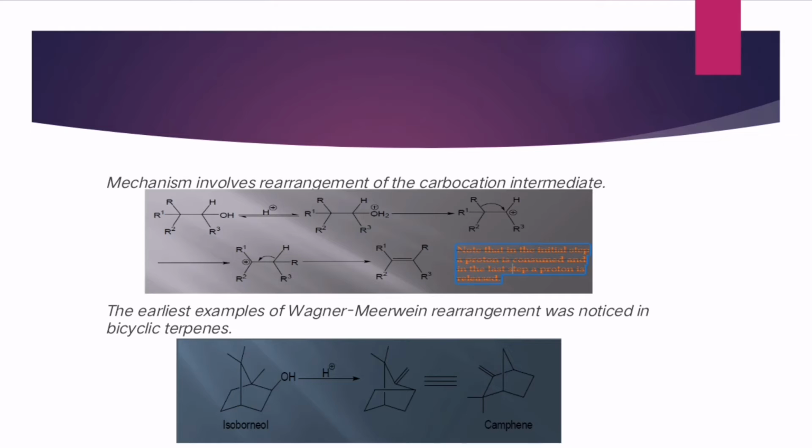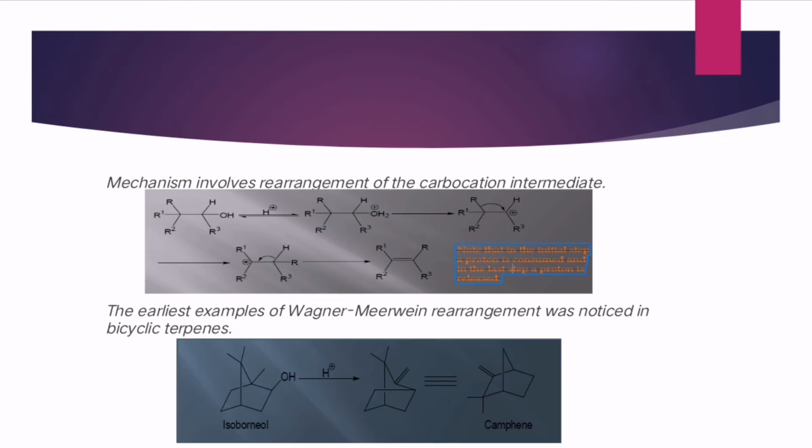So we have this whole mechanism discussed. As I told you earlier, we have a secondary alcohol which is going to dehydrolyze and form a secondary carbocation. This secondary carbocation is less stable than a tertiary carbocation, so the rearrangement is going to happen.